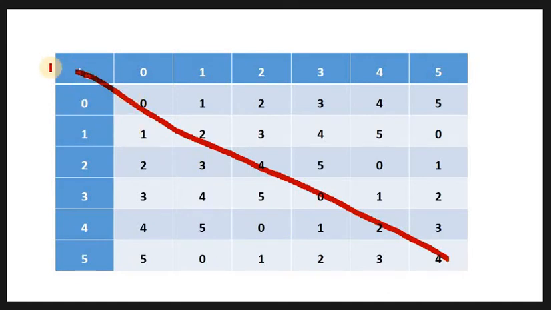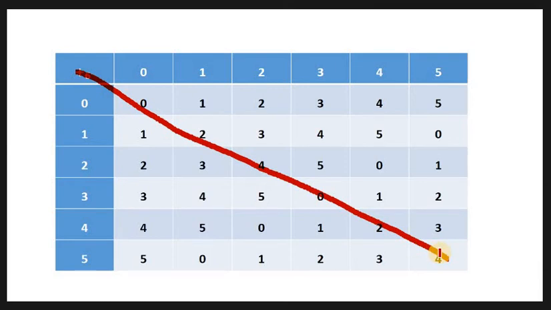If you fold this on principal diagonal, 0 is coinciding on 0, 1 on 1, 3 on 3, 5 on 5, 1 on 1, 3 on 3, 2 on 2. So like this, it is symmetrical. So the composition table is symmetrical about the principal diagonal.